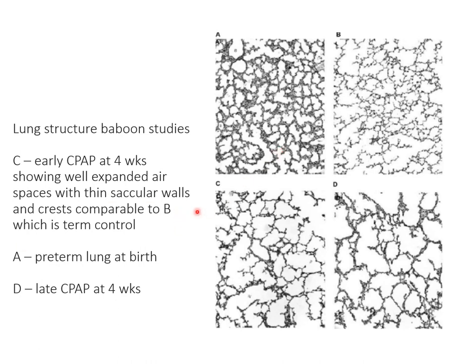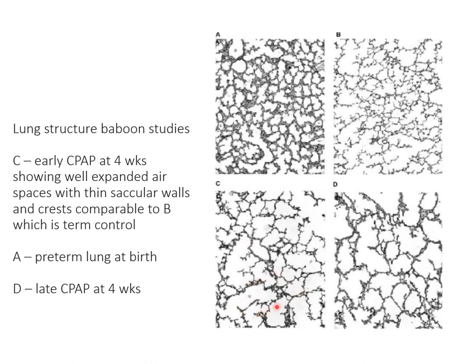So this is a baboon study where they saw that A is the preterm lung at birth, and this is the term control. C is the preterm lung which was treated with CPAP at birth, and this was the tissue that was taken at 4 weeks of life.